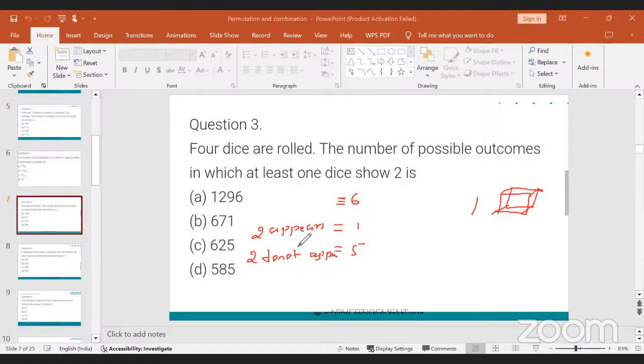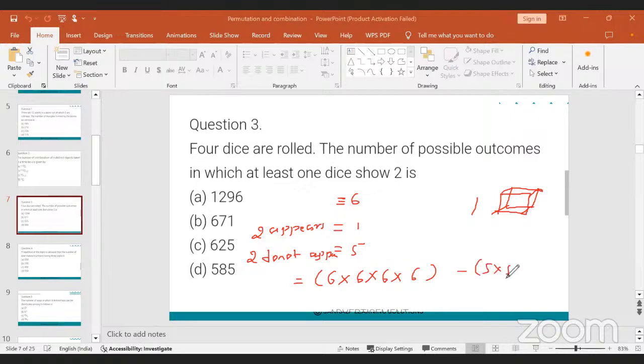Getting 2 at least once is equal to all outcomes for the four dice minus the outcomes where 2 does not appear.